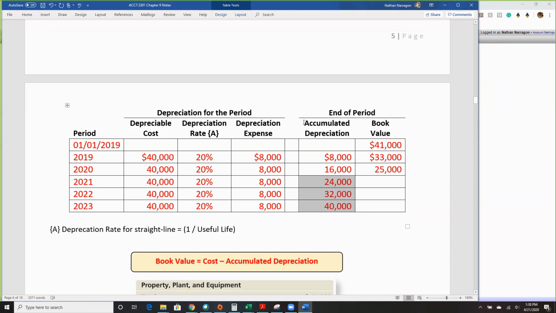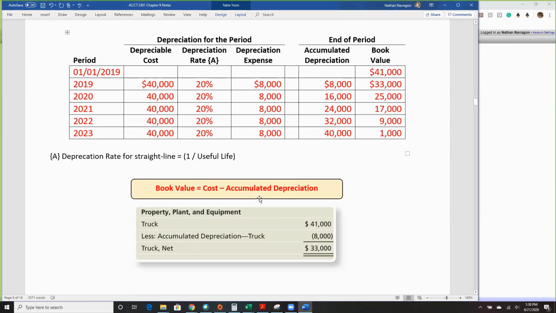This is the reason why it's called accumulated. It's going to basically just continue to grow until it reaches depreciable cost. How's that? 40,000. This means book value will keep decreasing until it reaches salvage value. So again, the formula for book value, you can take actual cost minus accumulated depreciation.